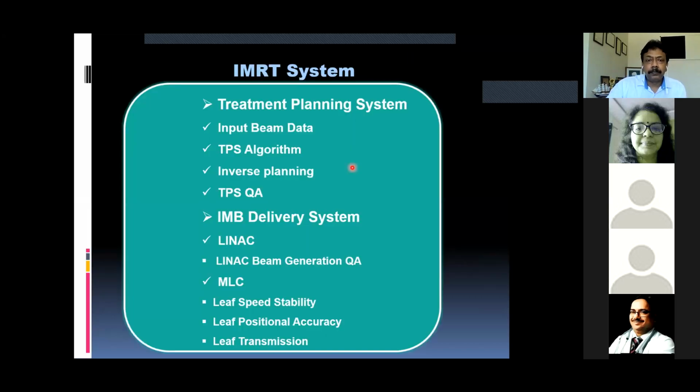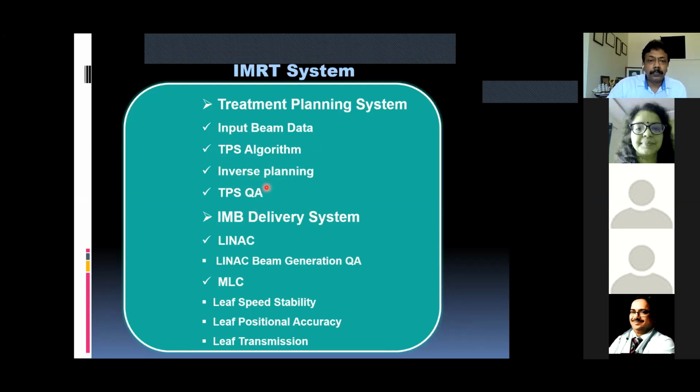In an IMRT system, for treatment planning, you have to input the accurate beam data. You need an adequate and proper treatment planning algorithm which is able to perform inverse planning. You need very stringent treatment planning system quality assurance.